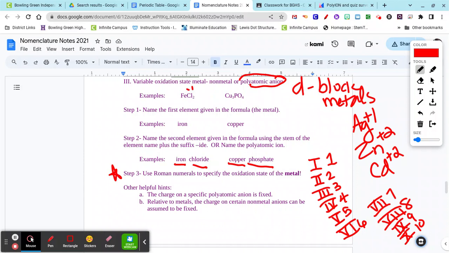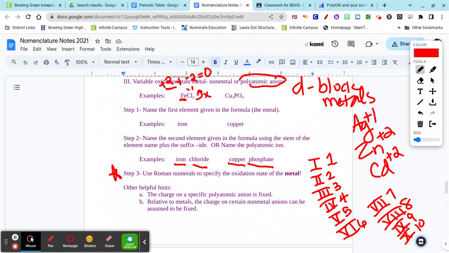However, since I have 2 of them, I'm going to multiply my subscript by my -1 to get -2. Then I know that my positive part, which is the Fe, has to be added to that -2 to equal 0 because ionic compounds are neutral. So that allows me to know that iron in this case is going to be +2 because that is what satisfies this and makes it 0.